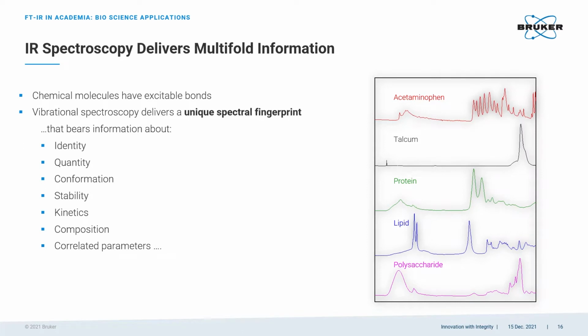And from this chemical fingerprint, we can obtain information about a substance or sample's identity, about quantity of components, about conformation, stability, kinetics, composition, and parameters which are correlated to the above. Yes, and the method is actually applicable not only to isolated but also to complex biochemical samples, and this is what I would like to take a look at in the next section of this webinar.